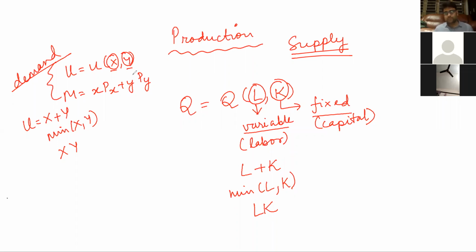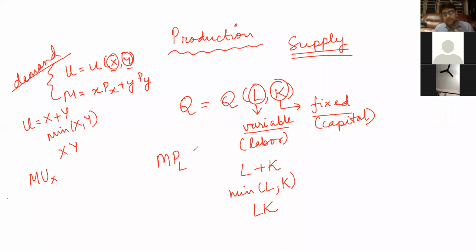Okay, right? Then when we looked at the utility functions, when it came to consumer behavior, we used to look at the concept of marginal utility of X. That is, if I increase my X by 1 unit, how much will my utility overall increase by? Similarly, here we have the concept of marginal productivity of labor.